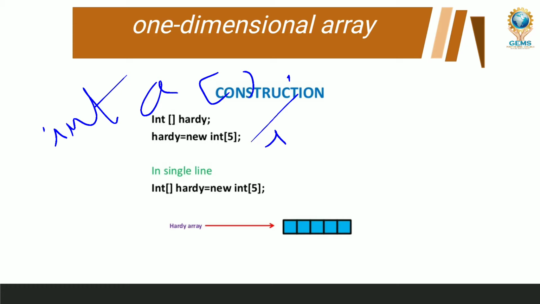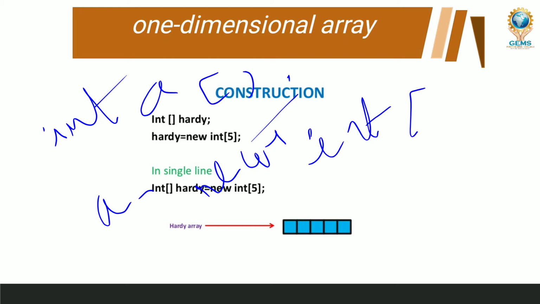Then you write a equal to new int, with the size of the array 5. So this is called construction. Both lines we can write in a single line. It is also called array construction.